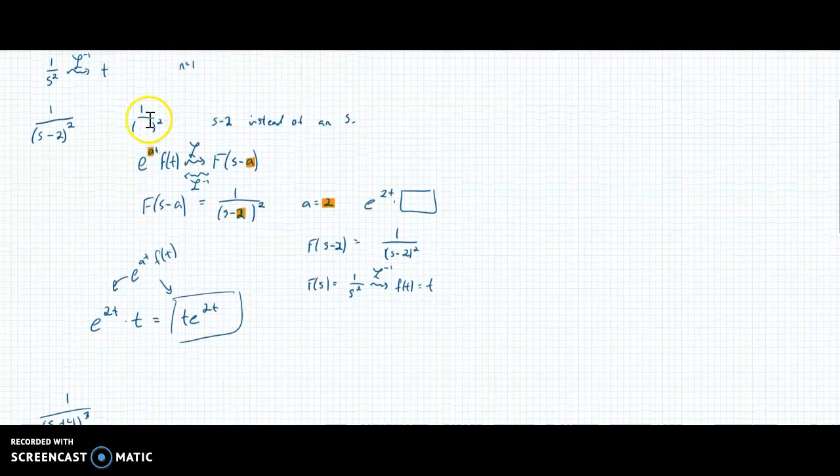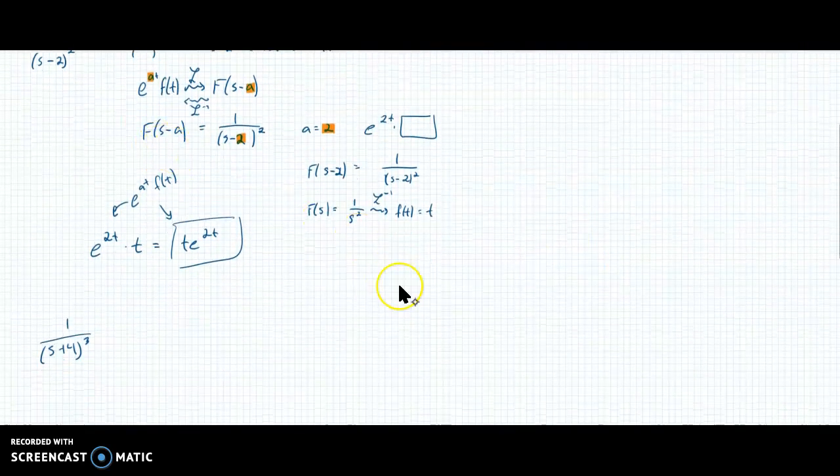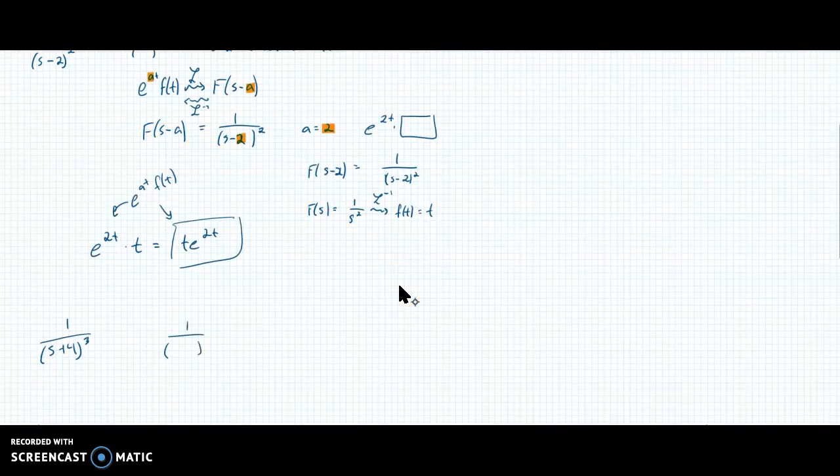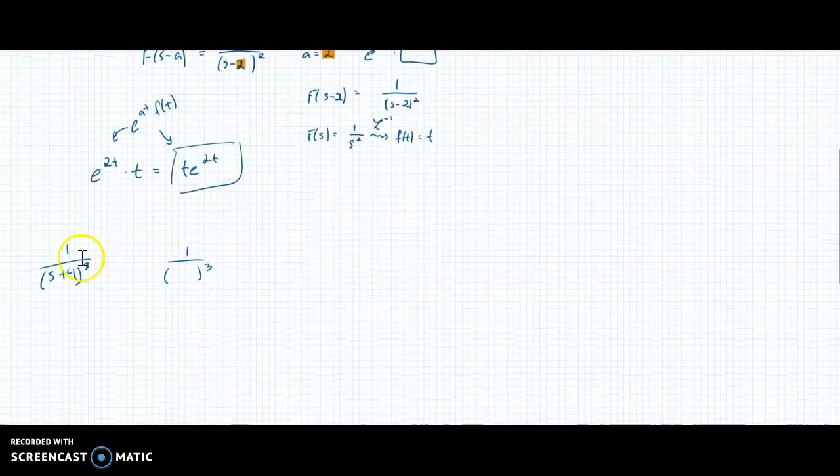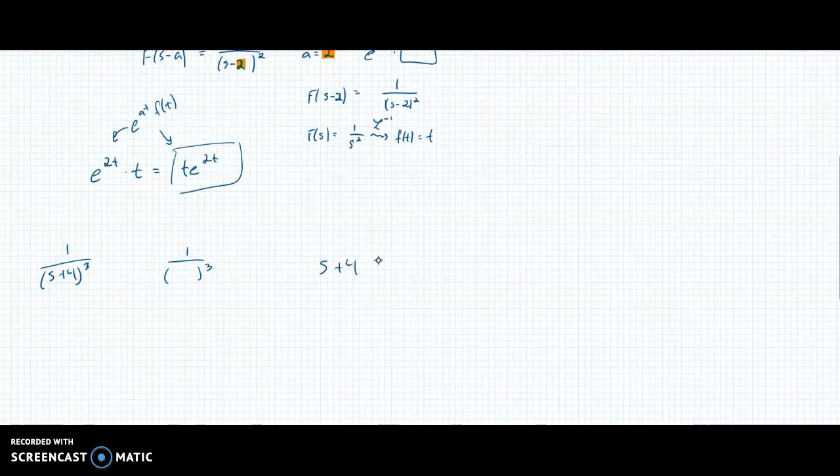All right, it was something over squared, right? So this is something over cubed, right? When I'm looking at this, I'm going to say, all right, instead of an s, what do I have? I got an s plus 4 instead of an s. So a is equal to negative 4.